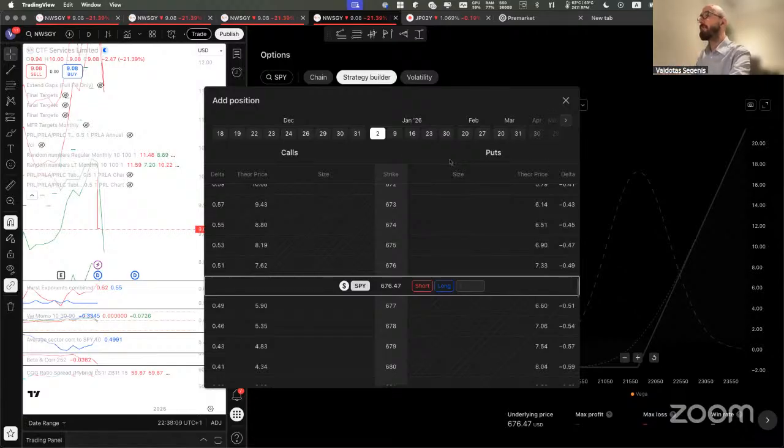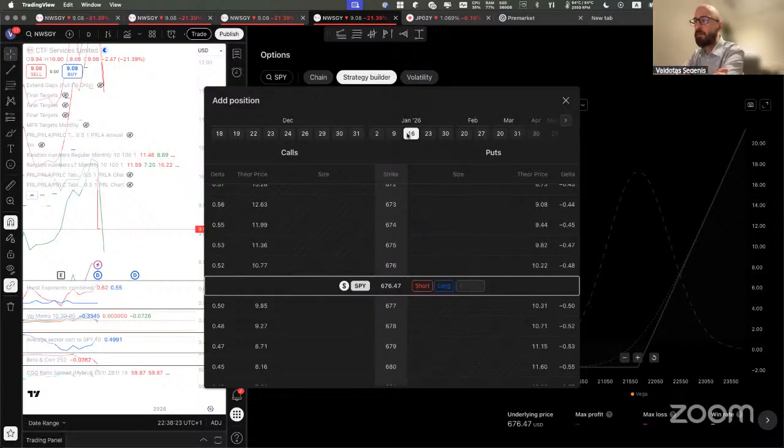So, what is a vertical spread? For those who don't know, we will start doing combinations, like we did with the synthetic example. It means instead of using one option, we will use multiple options to create a combination with a payoff profile that we like.